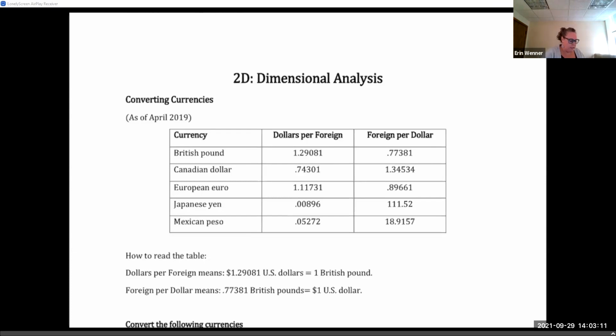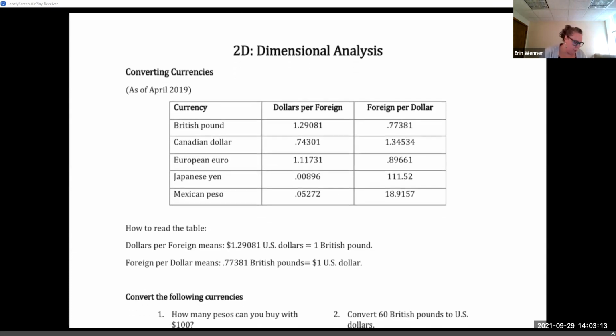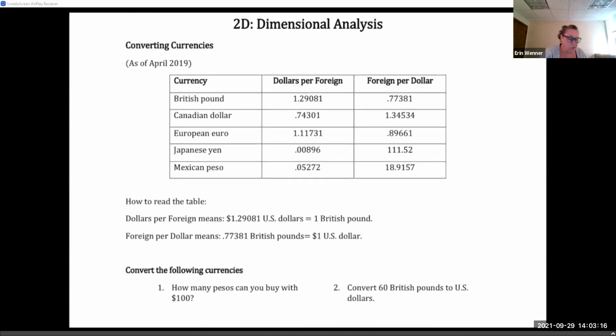So these are as of 2019. I haven't updated the currency conversions since then. So they're 2 years old, but they're still pretty current.